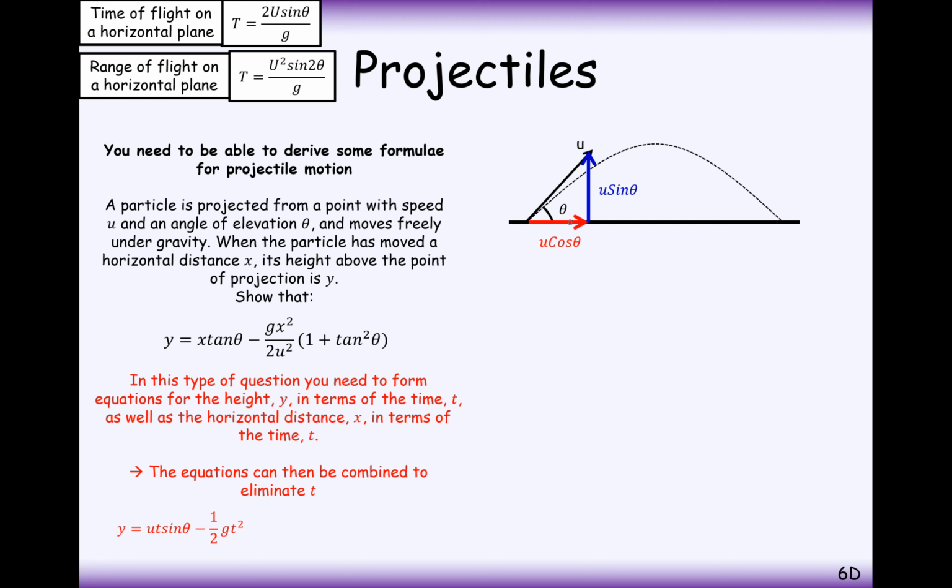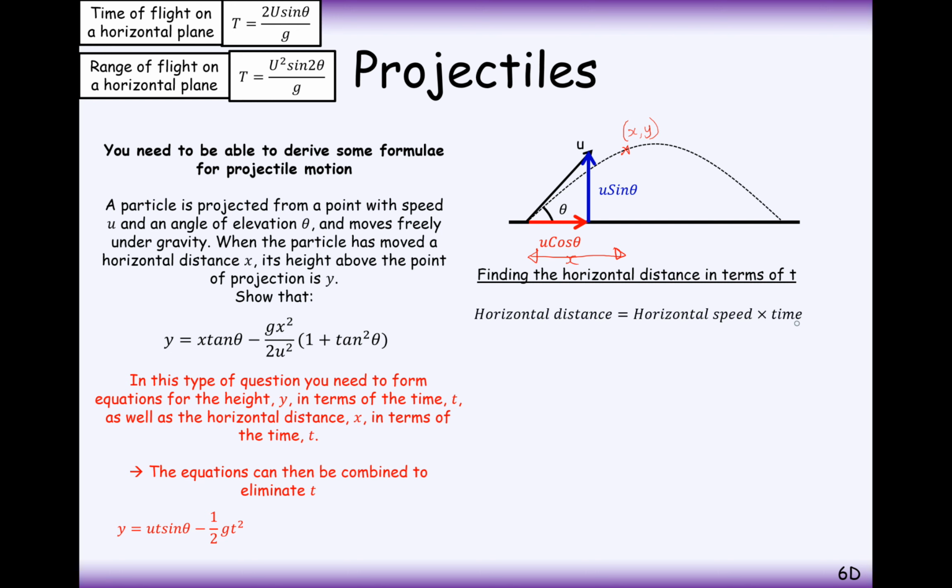We now need to look in the horizontal direction. We want to intersect this coordinate x, y here. So when we resolve our velocities in the horizontal direction and work out distance equals speed times time, we're going to be using a distance of x this time.